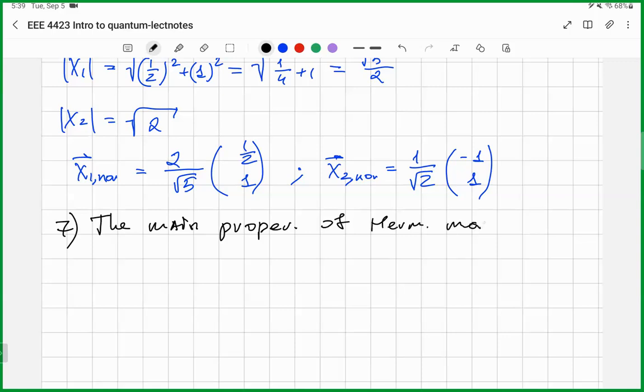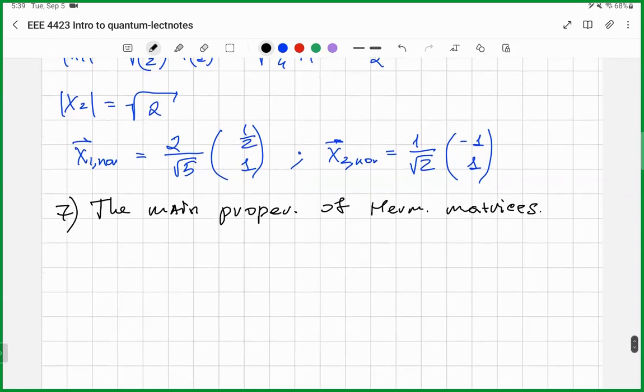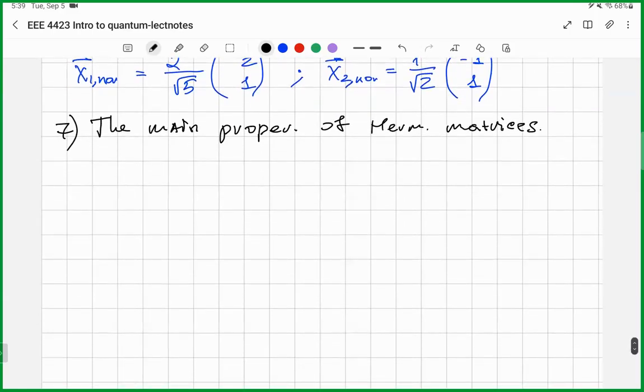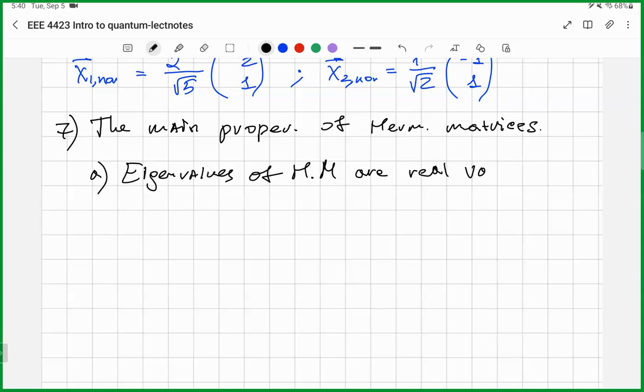And why are they interesting for quantum? There are two of them. The first one is that eigenvalues of Hermitian matrix are real valued.